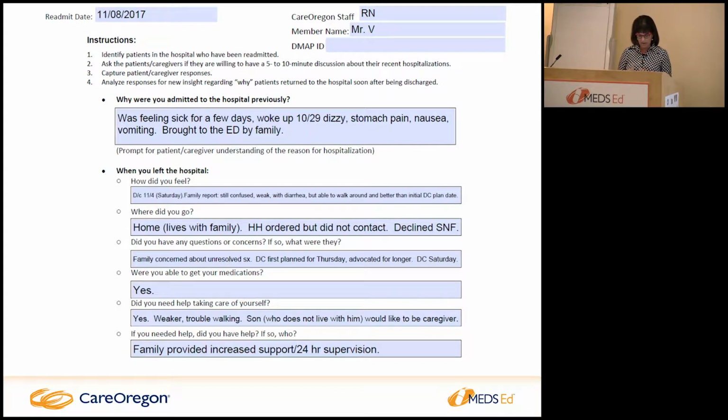This member was, I think, an 82-year-old gentleman who had been very independent, living with his disabled spouse and a daughter and her family, had been basically healthy, but was admitted to the hospital for bradycardia. He had a first-degree AV block.